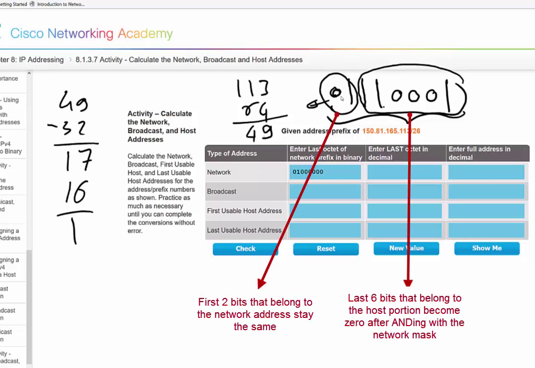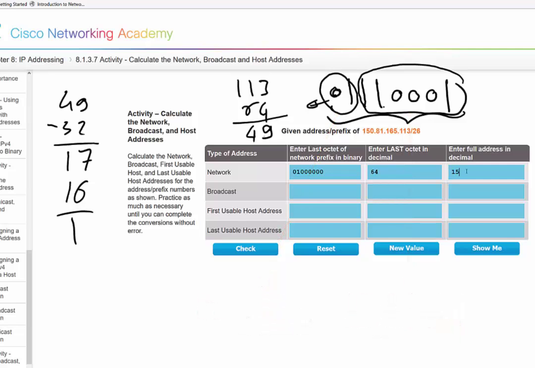That's 01 here, and then the rest will be zeros. That's obviously 64. The full network address in decimal would be 150.81.165.64.